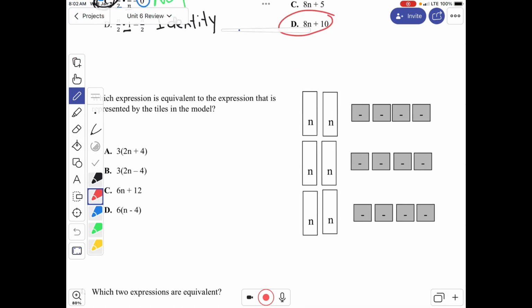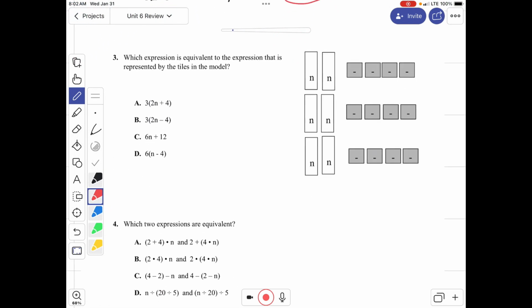Question 3. This is a modeling question. Which expression is equivalent to the expression that is represented by the tiles in the model? Well, first of all, I noticed that these are kind of in groups. And each group has 2 n's.